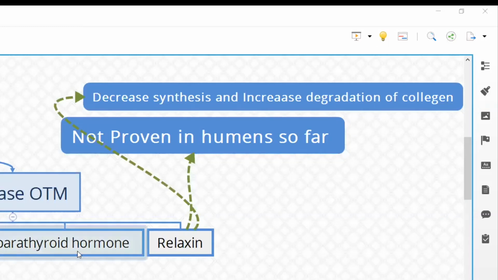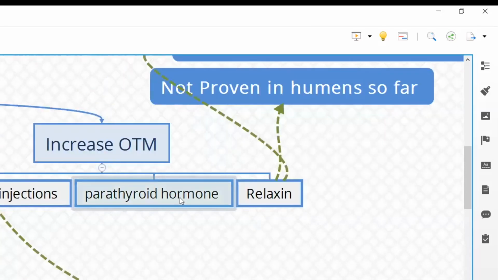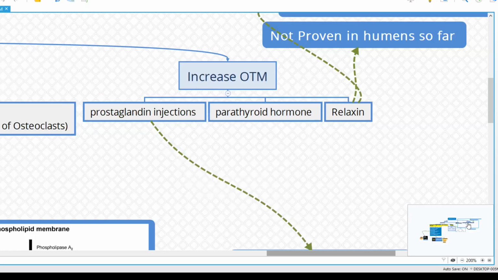Regarding parathyroid hormone, yes, it increases orthodontic tooth movement, but because of its many systemic effects, it is not practical to give this hormone only to increase orthodontic tooth movement. Regarding prostaglandin, it is very painful, and administration of prostaglandin, systemic or local inflammation mediators, would be painful.